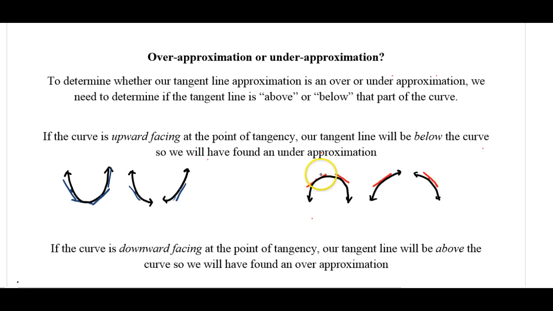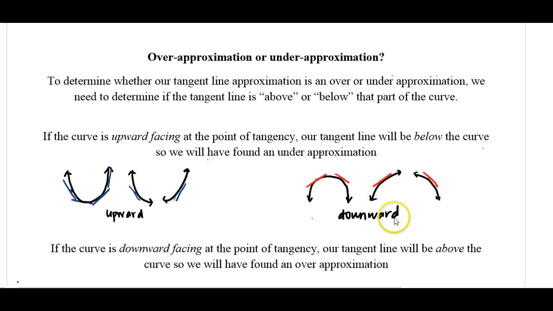So if I use one of these tangent lines to approximate a value on the black portions, well, that's going to be an over approximation because my curve is downward facing. So again, these are examples of upward facing over here, and these are downward facing over here.